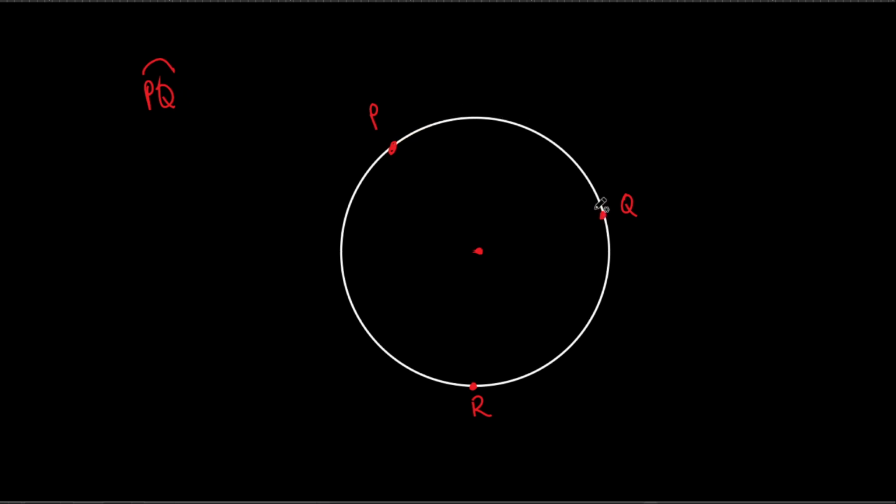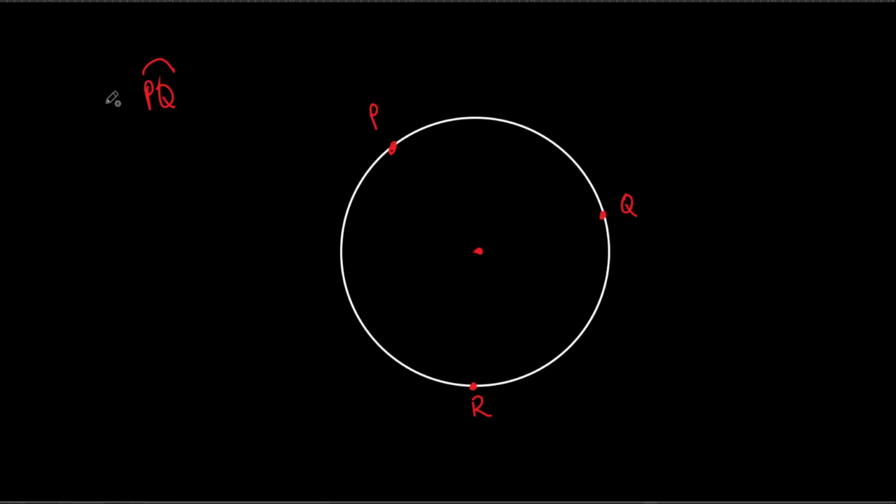But listen to this. How do I know I'm not talking about arc PQ from here all the way down to here? Do you see the difference? If I just said arc PQ, how do you know I'm going the shortest way from P to Q, and not from P all the way through R to Q? You don't, do you?